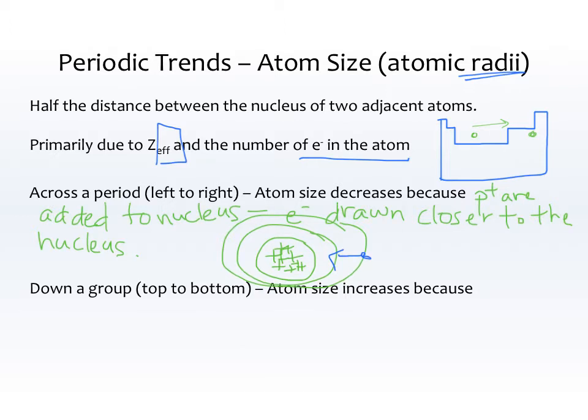If we go down a group from top to bottom, the atom size increases. So if we went from sodium down to francium, francium would be larger than sodium. And this is because when an energy level is added, the size of the orbital increases.